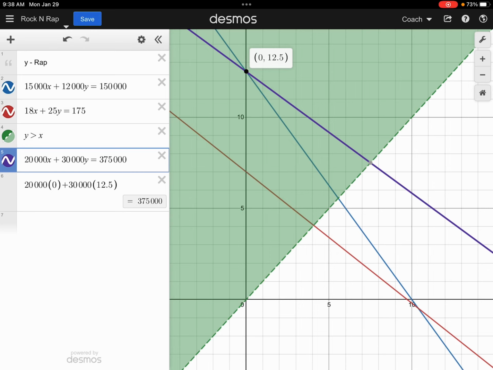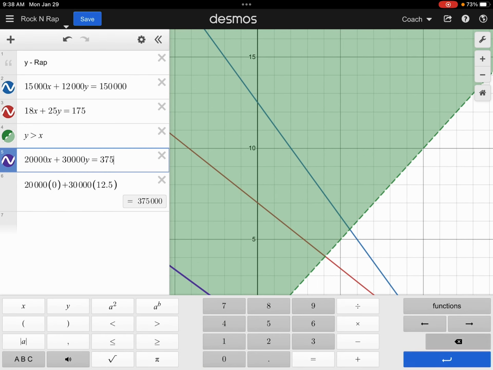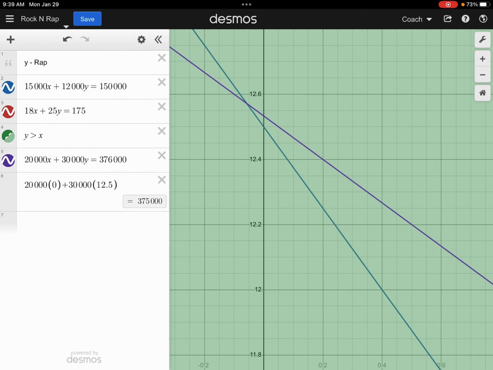Which is in the region. Since that point is in the region that we can make as a business, it is in the profit space that we can make, okay? And this is the highest point that our profit has gone. If I were to go any higher than this, I'm going to be outside the region. So if I were to go to like 376,000.